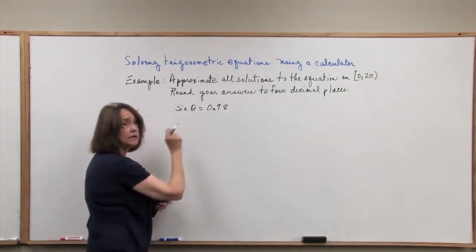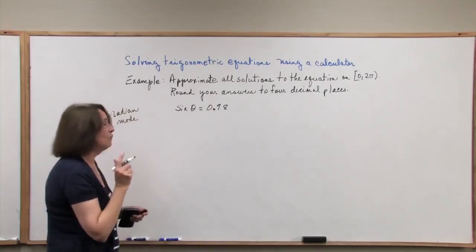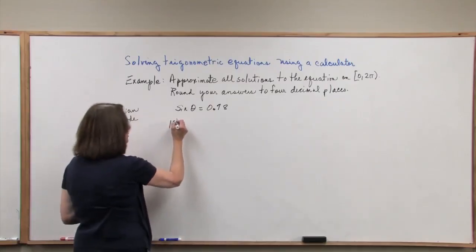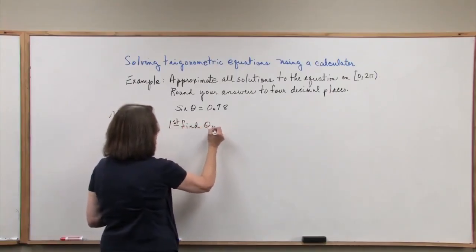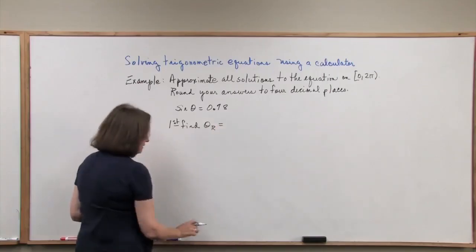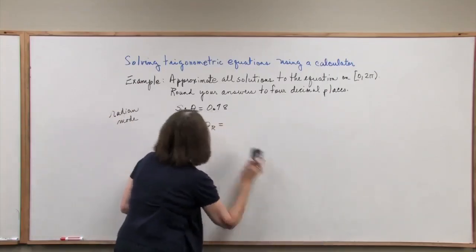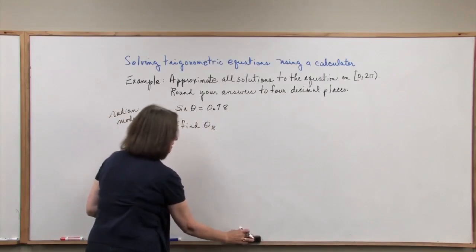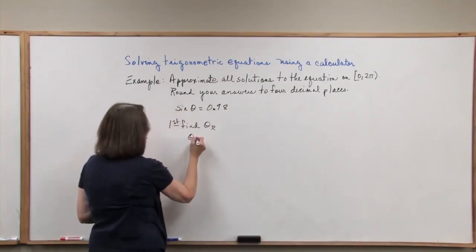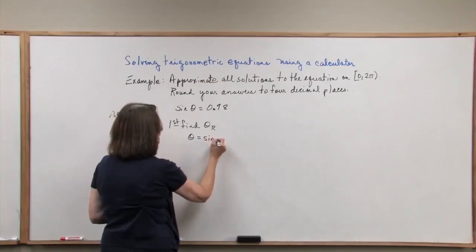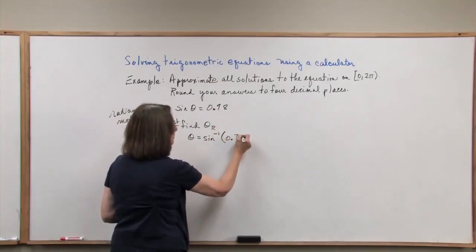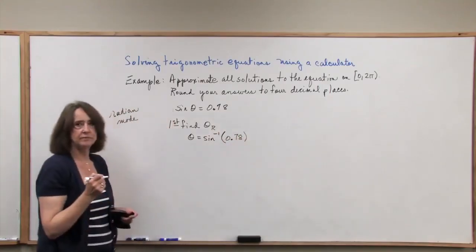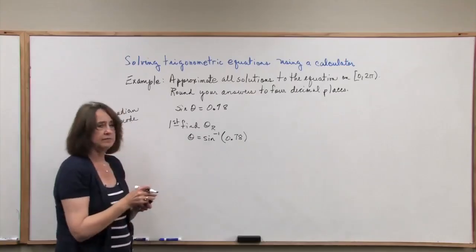This ratio is positive, so we want to first find the reference angle. And we're going to do that by entering in our calculator sine inverse of this positive ratio. Okay?